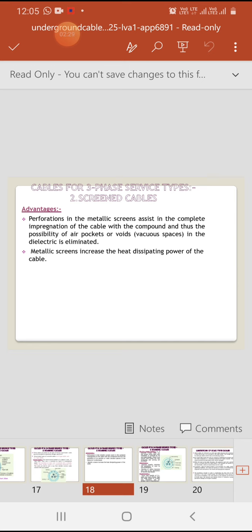The voids, if present, tend to reduce the breakdown strength of the cable and may cause considerable damage to the paper insulation. Then the second point is the metallic screens increase the heat dissipating power of the cable.